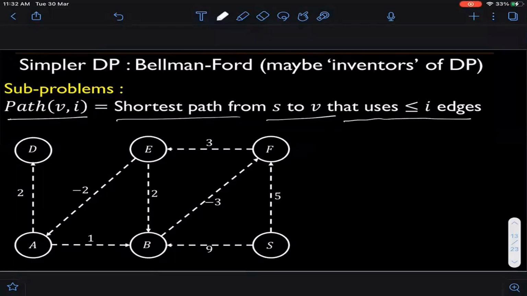Okay, so if I take this definition, then what is going to be path(E, 2)? What is the answer for path(E, 2)?